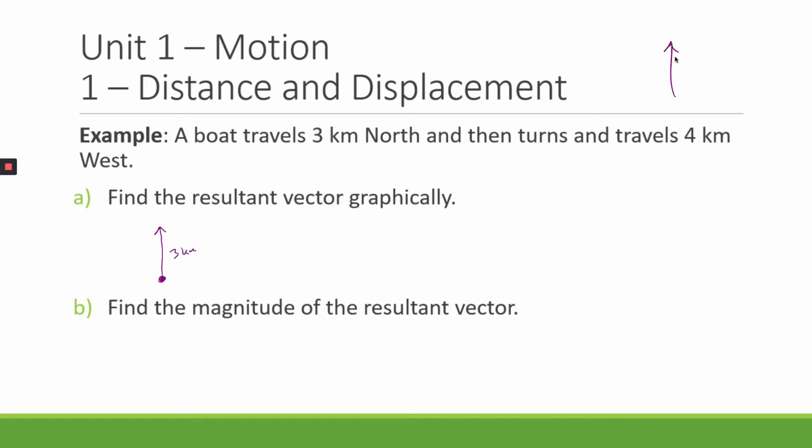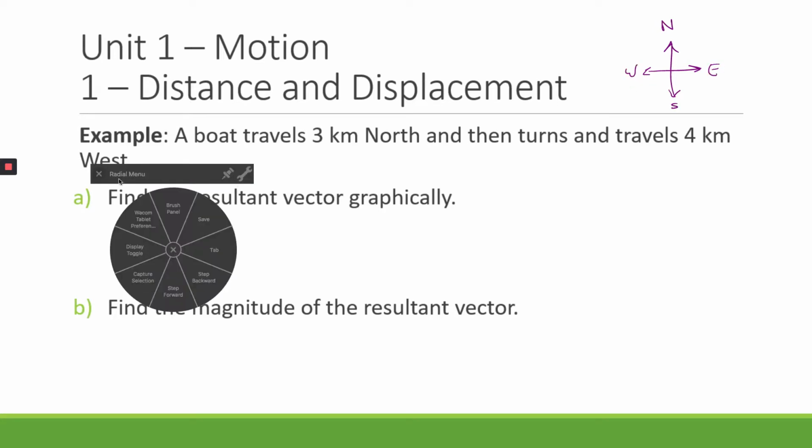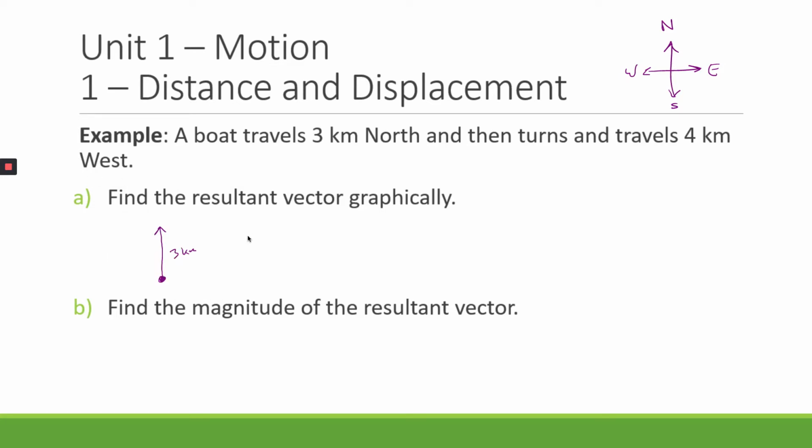Now, I showed this on a previous screen, but I pretty much always just use this little compass on my sheet of paper. So if I'm going that way, I'm going north. I don't know why that keeps popping up. I apologize. So 3 kilometers north, and then turns and travels 4 kilometers west.